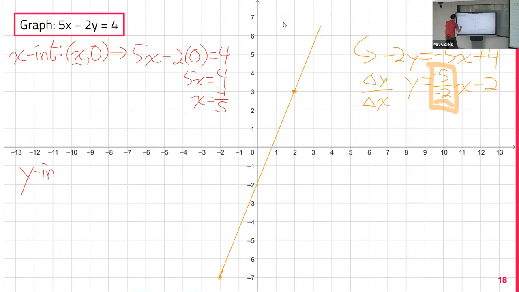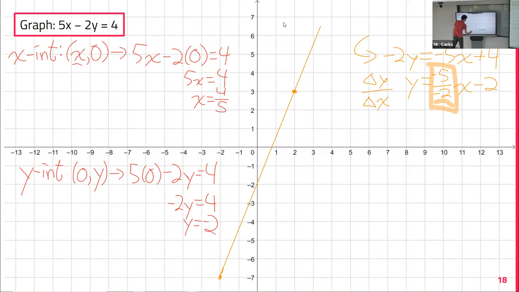The y-intercept is always a pair, 0, y. So that gives us 5 times 0 minus 2y equals 4. So negative 2y equals 4, y equals negative 2. So there we can see the intercepts.